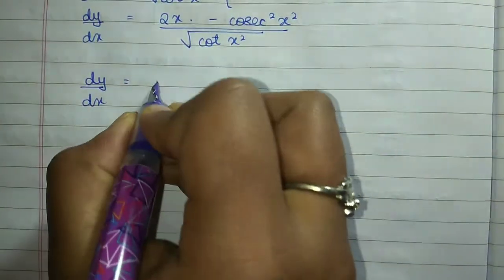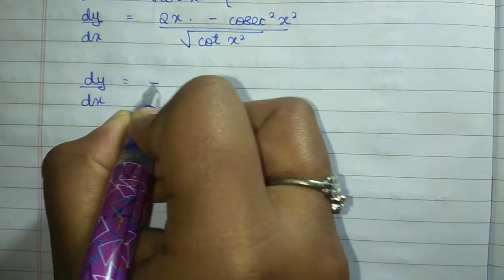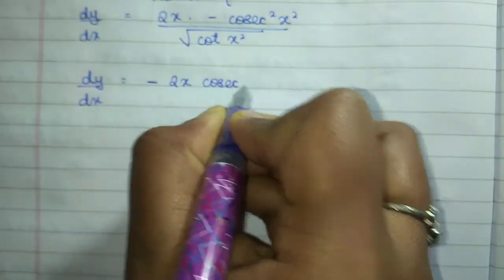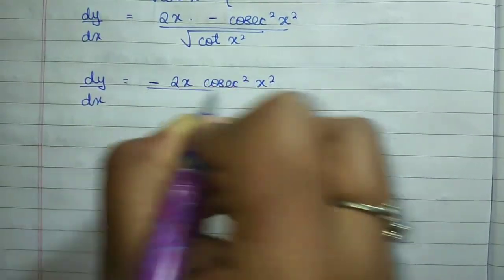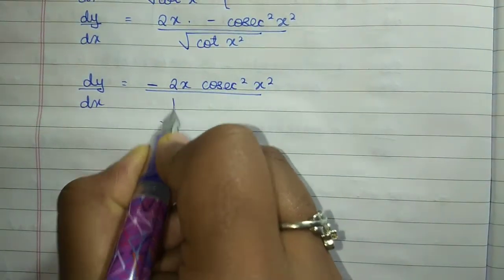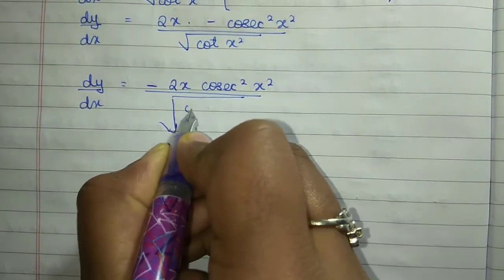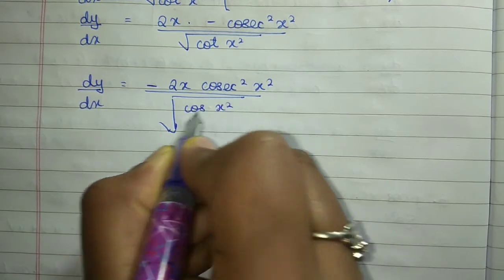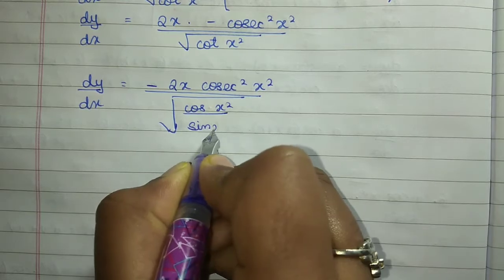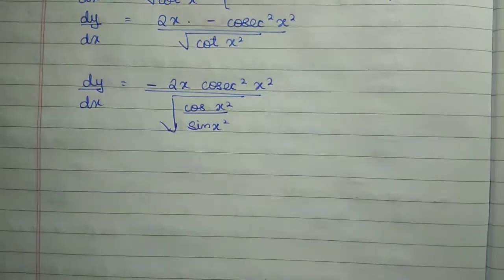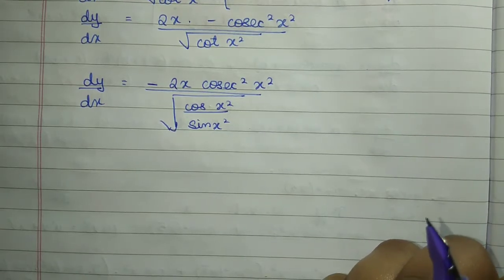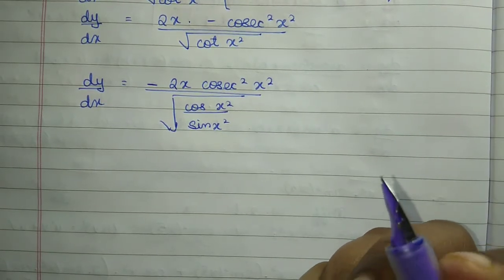So now let me keep my numerator as it is, that is 2x into cosecant square x square divided by, my cot will be simplified as cos x square divided by sin x square. Yes, so this is of the form cos x square divided by sin x square.